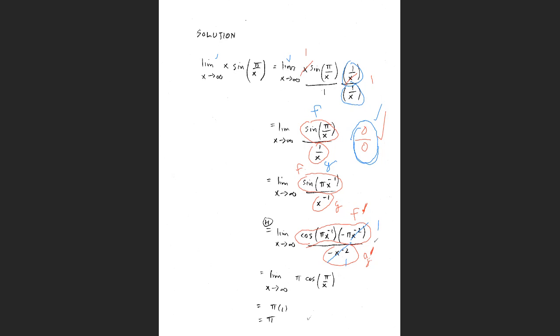Okay, the negatives simplify out too. And I'm left with then pi times the cosine of pi over x. And that will just equal then pi times 1, which is pi. And we found the limit.